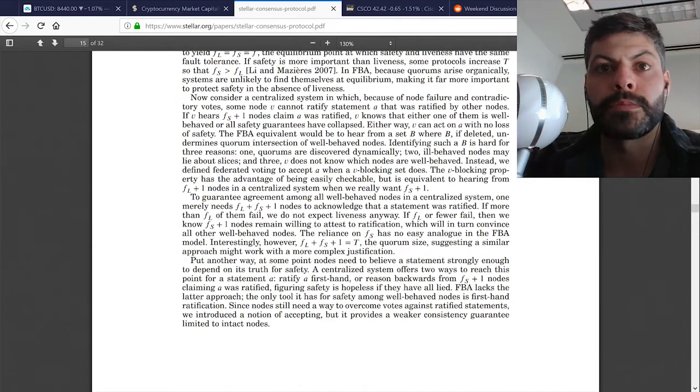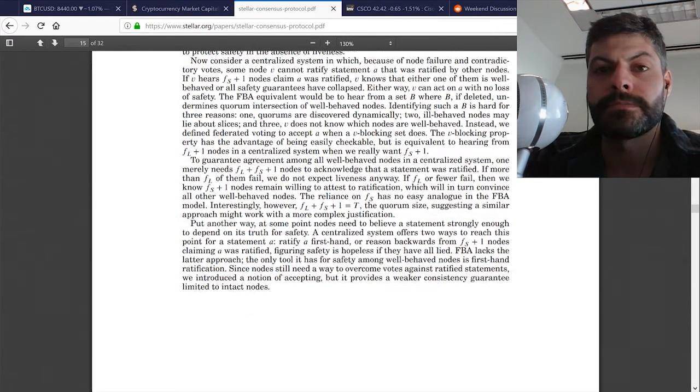FBA lacks the latter approach. The only tool it has for safety among well-behaved nodes is first-hand ratification. Since nodes still need a way to overcome votes against ratified statements, we introduce a notion of accepting, but it provides a weaker consistency guarantee limited to intact nodes.